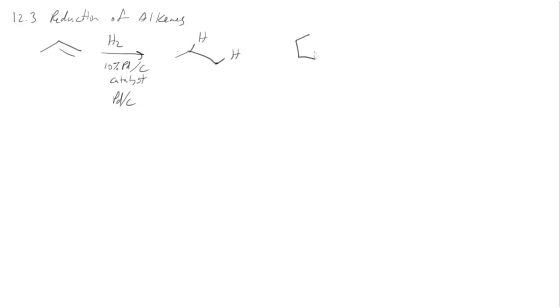But if we take a more complex molecule, we'll find out something really interesting that happens that will help lead us to our mechanism. So now, if I take this alkene and add H2 with palladium on carbon, what I get is both hydrogens on the same side, which means that both hydrogens added from the same side.